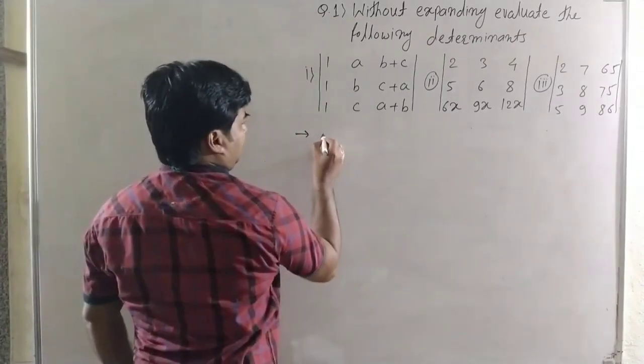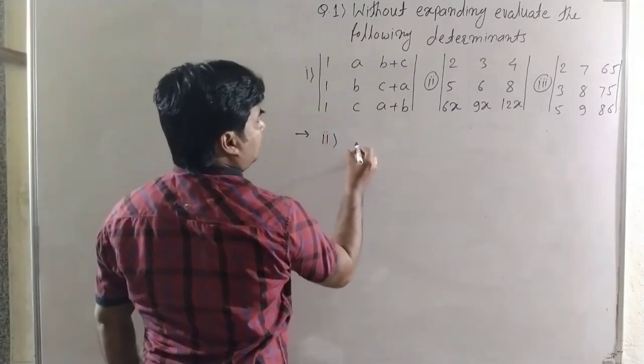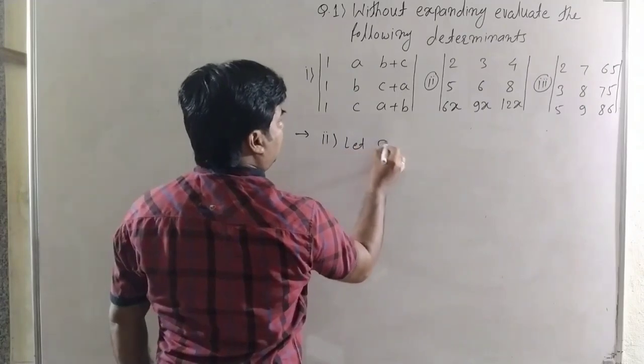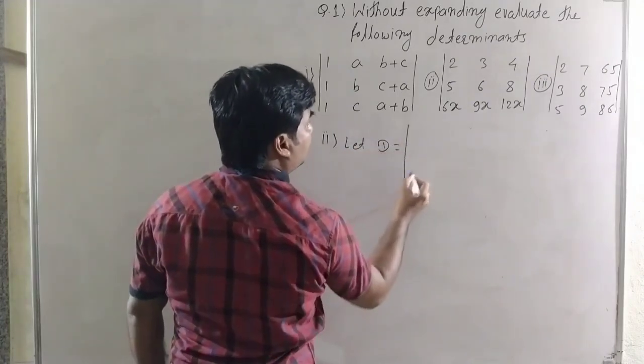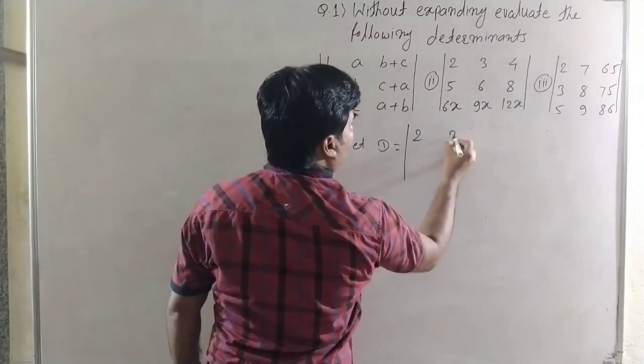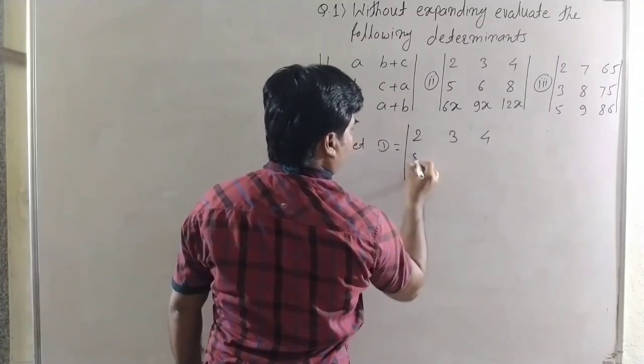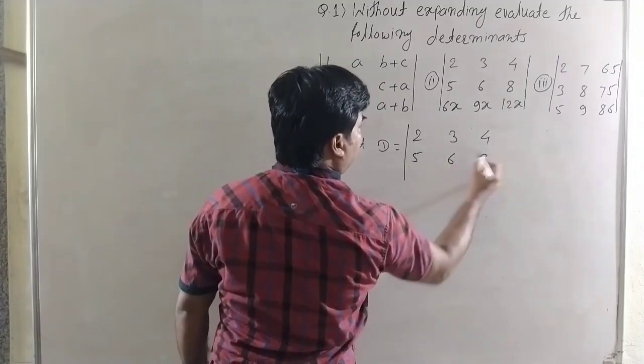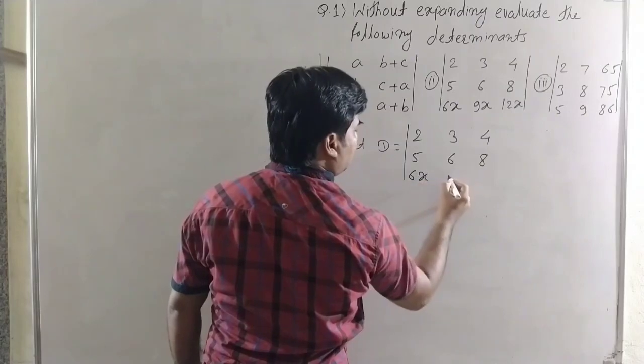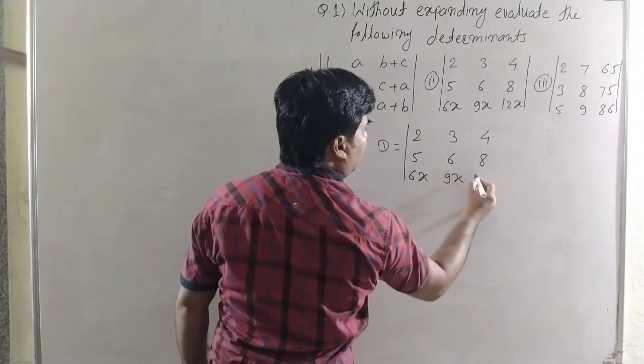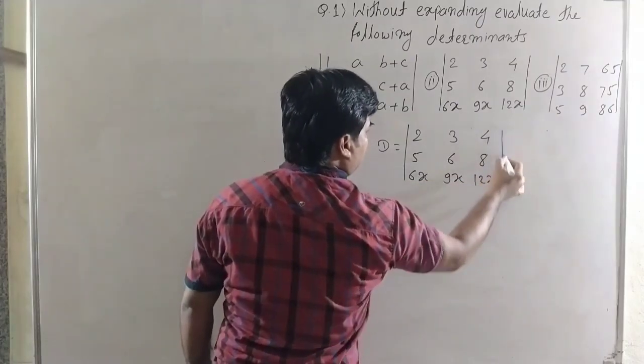Here, in the second example, let it be a determinant with rows 2, 3, 4, then 5, 6 and 8, then 6x, 9x and 12x. See carefully.